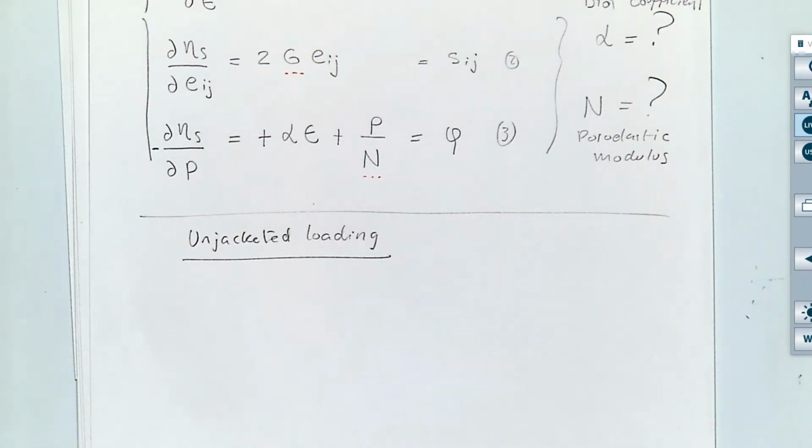So it's called unjacketed because it doesn't have a jacket. You may wonder what I mean with that.